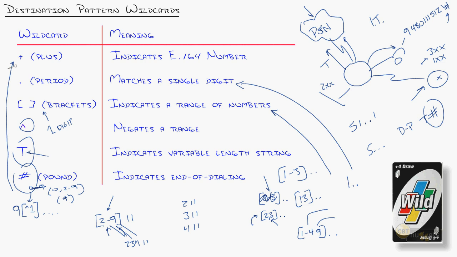So you go, well, what's that? Well, the powers that be, when they got together and said, these are the numbers that work worldwide on our public switched telephone network, they called that the E164 standard. So if this number matches that standard, you can flag it to say this is an E164 valid number. But honestly, in a production router, I've never seen that used. It's just one of those things that might be in a reference book somewhere.